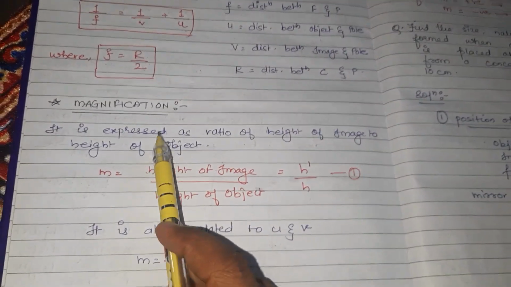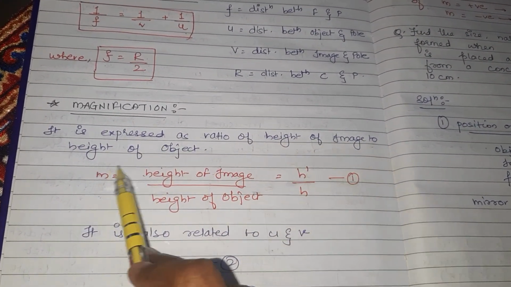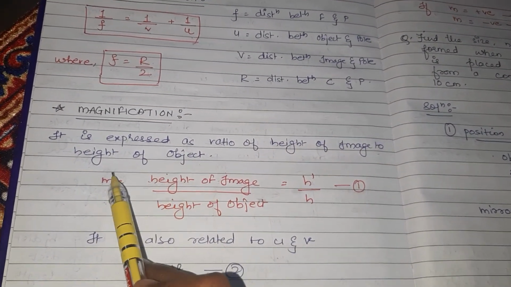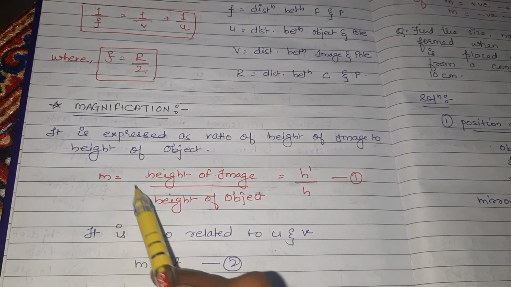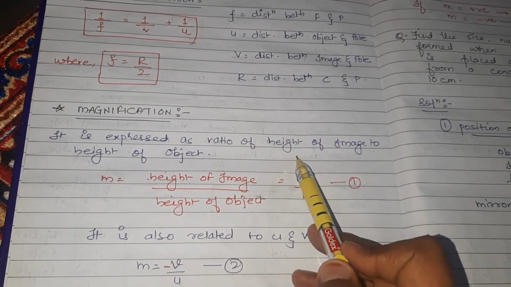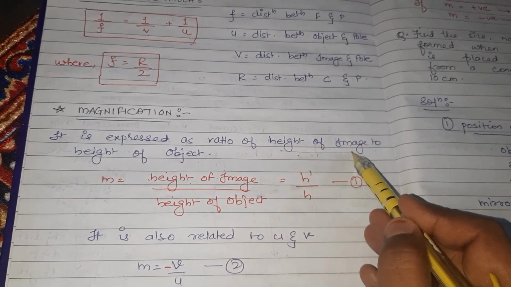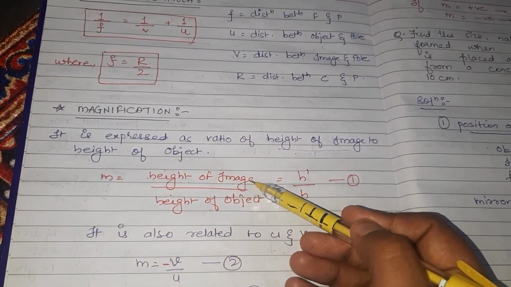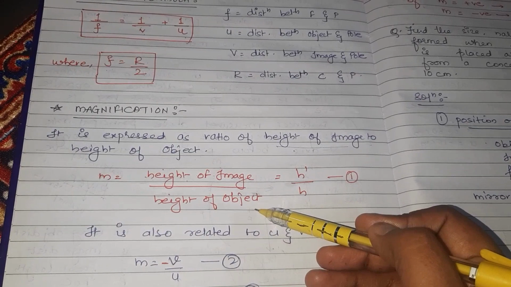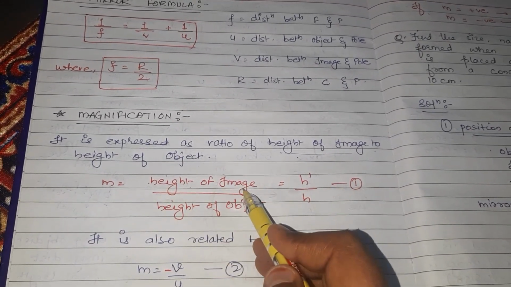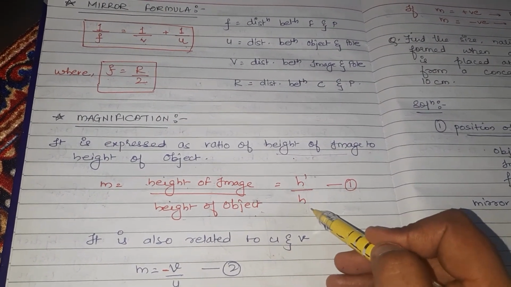So what do you mean by magnification? It is expressed as a ratio of the height of the image to the height of the object. Magnification is expressed by symbol m. M is equal to the ratio of height of image to the height of object. So numerator will be height of image and denominator will be height of object. Let height of image be represented by h dash and height of object be represented by h.